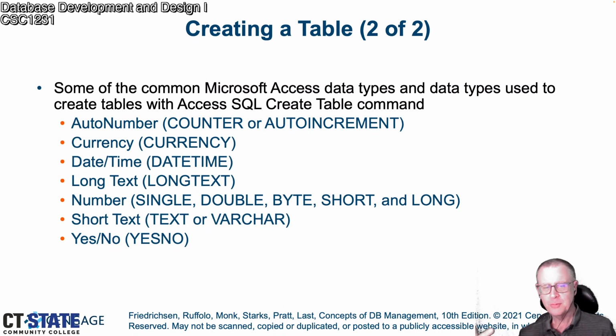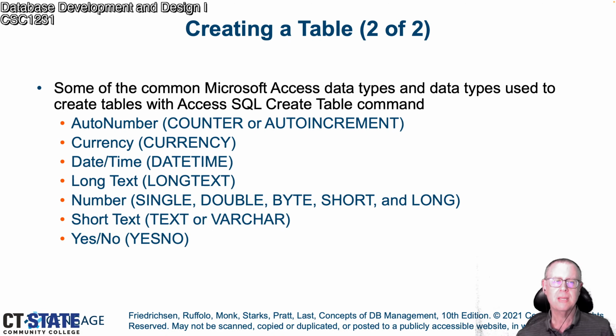The other thing you've got to figure out when you decide to create a table, apart from the name of the table and the name of the fields, is what are the types of each of the fields. And this is just a short list of the possible types in SQL. Usually the ID field you want to be auto number. That means you don't make up what that number is.